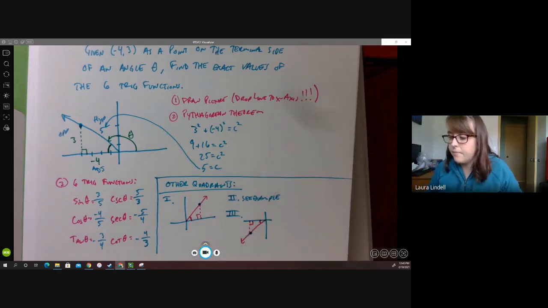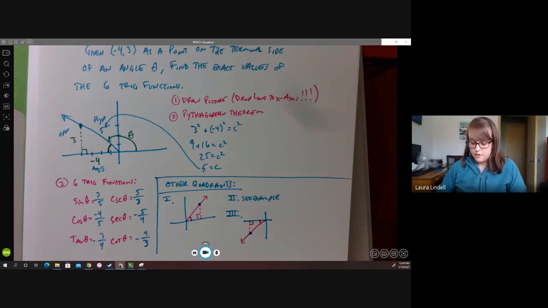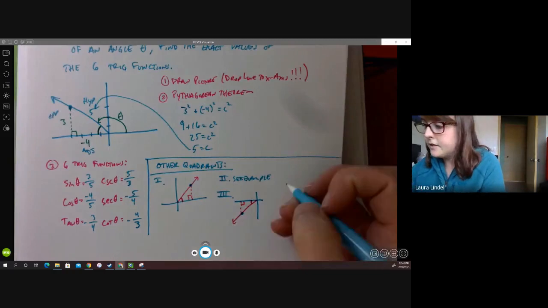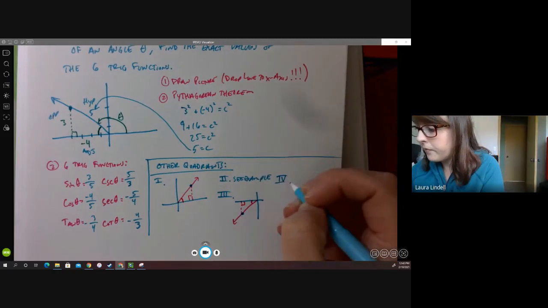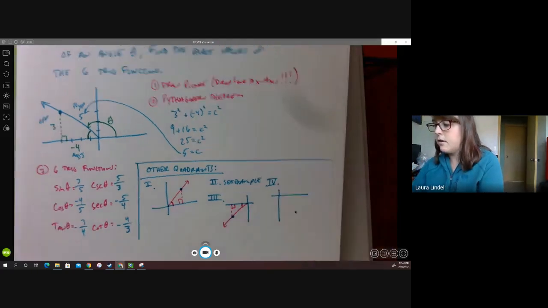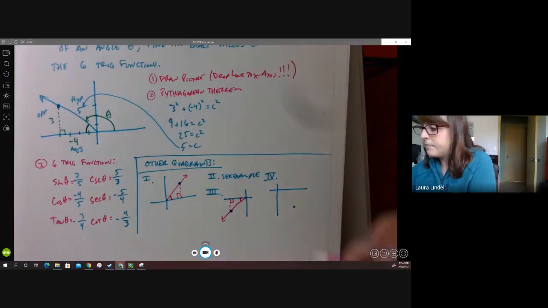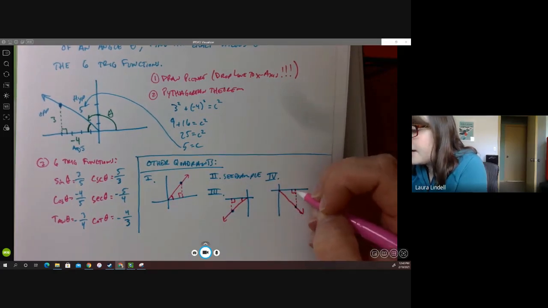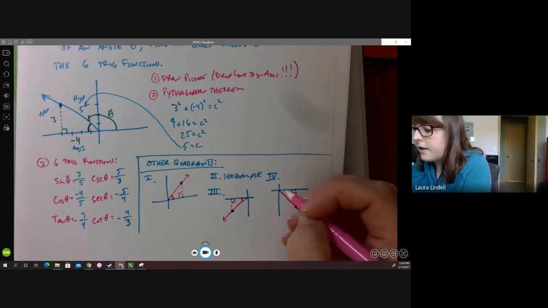There's your theta. And then lastly, the fourth quadrant. Your point's down here somewhere. Dropping it to the x-axis again, and then here's your theta.